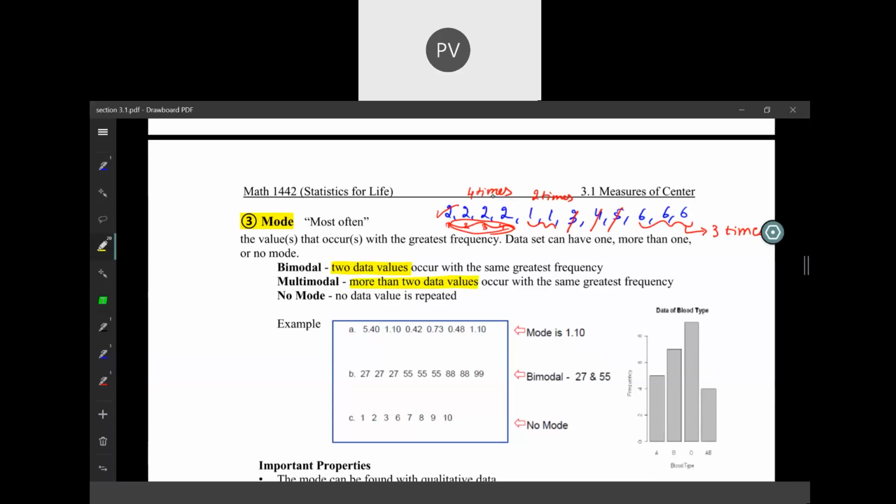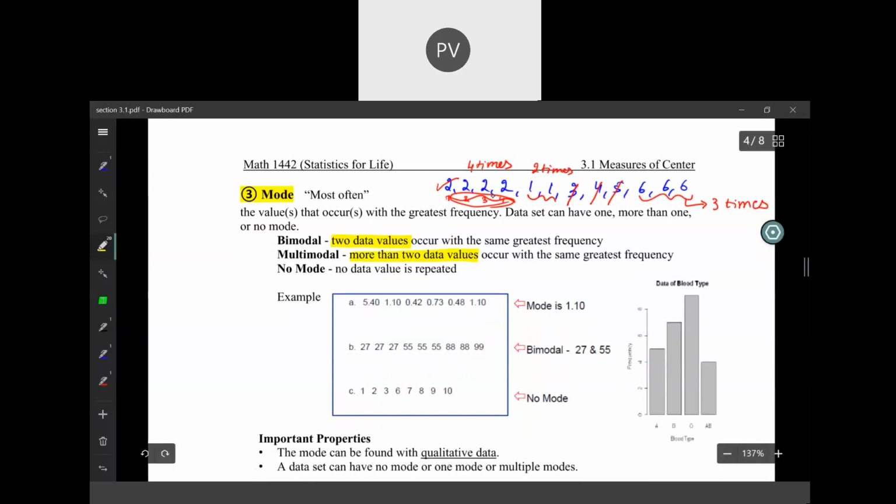If you do not have a value which is repeated, then we call it no mode. You are not supposed to write mode equal to 0. You have to say no mode if you do not have a data value which is repeated.